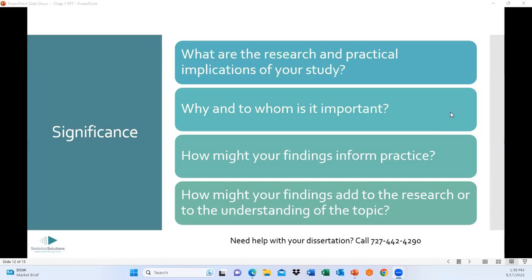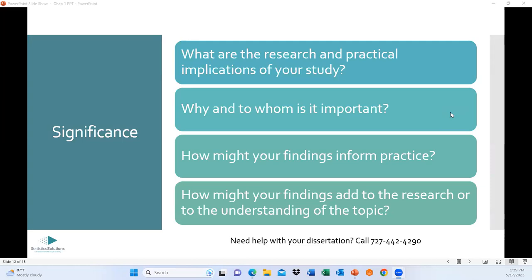The idea here is to get you to think about the value of your study, or the value of the information that you're going to get, right? Usually information has value in 2 different areas: value for research and value for practice. So usually you can divide this section into 2 subsections.